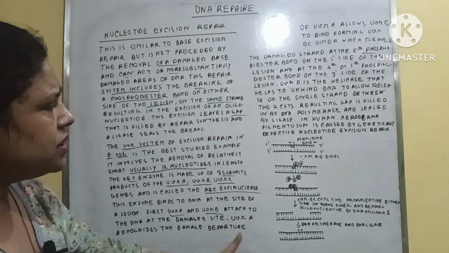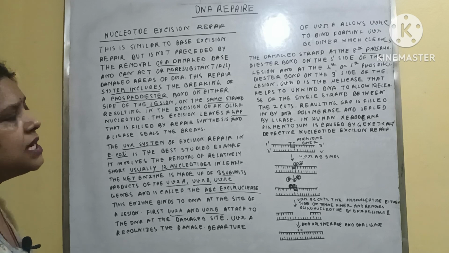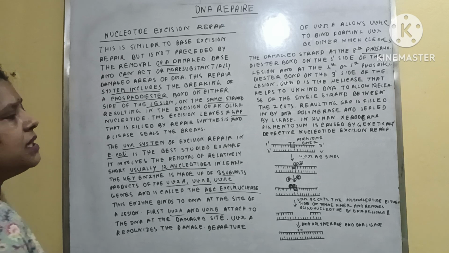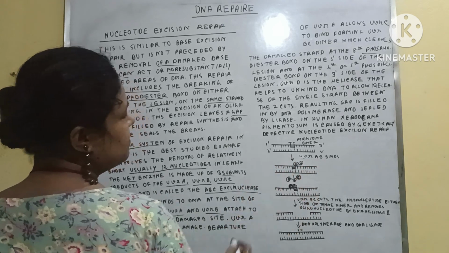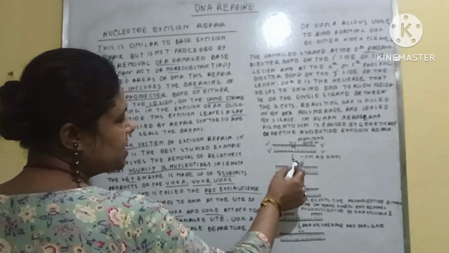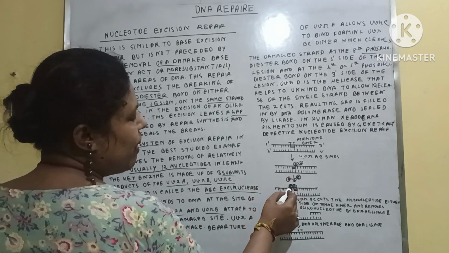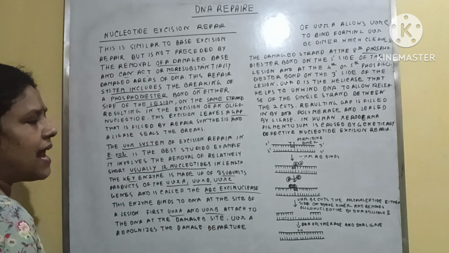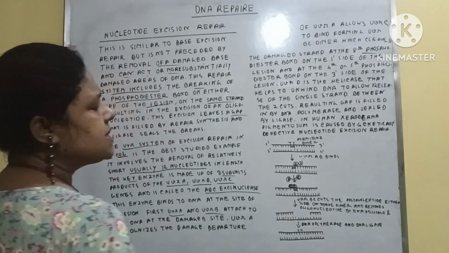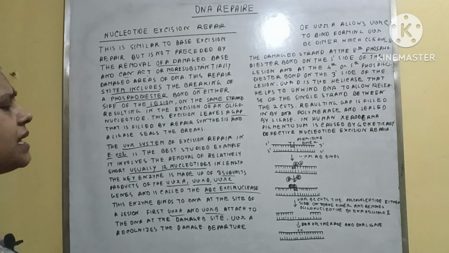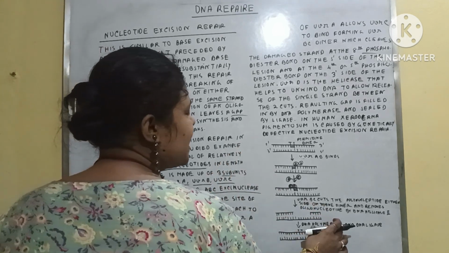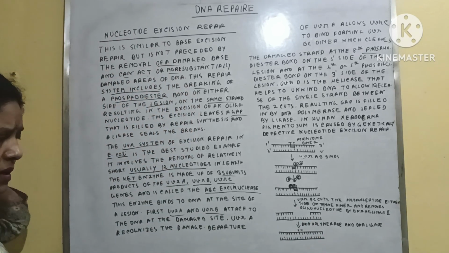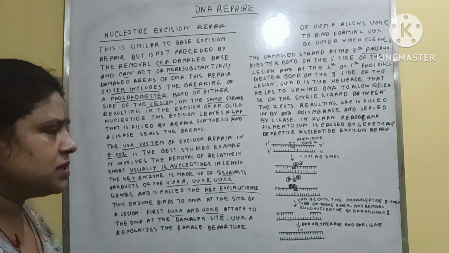And this is the rough diagram where you can see first a TT dimer is formed on the 5' to 3' strand, and here UVR AB binds at that position, and now A is released from this position and C binds with the B and forms the UVR BC compound, and after that the whole part is removed from the strand, and in the next part the two enzymes, polymerase and ligase, complete the strand with the proper base pairs.